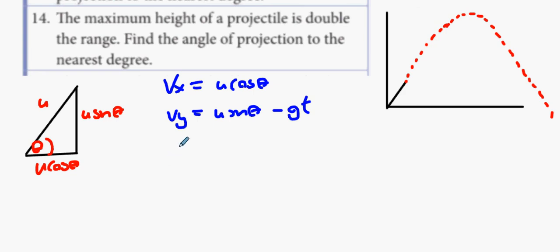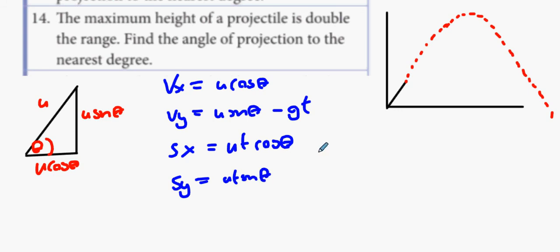Now, next thing, Sx is ut cos theta, and Sy, add a t, then half the second one. Alright, great.